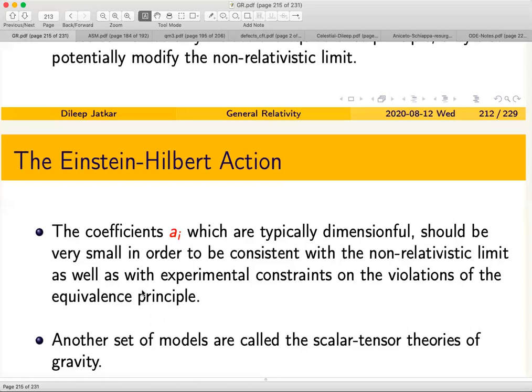Okay, but what happens between a few kilometers and a parsec, or from a few millimeters or micrometers down to angstroms and fermis and smaller and smaller length scales? Is there any deviation? These kinds of experiments are still open.